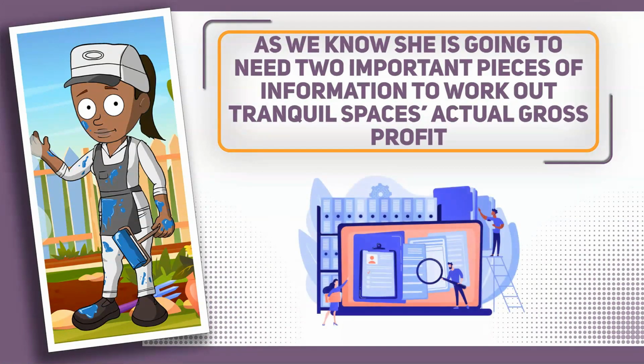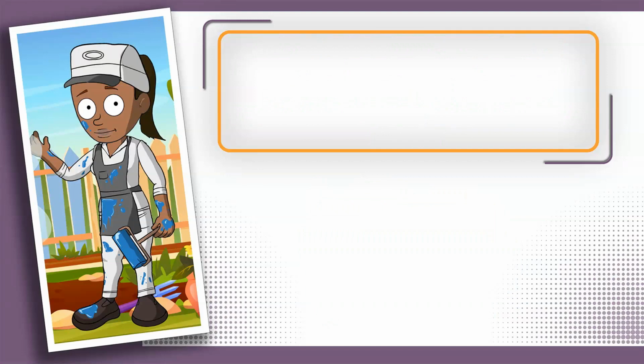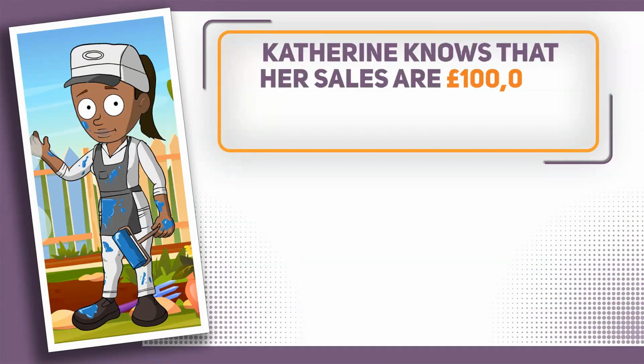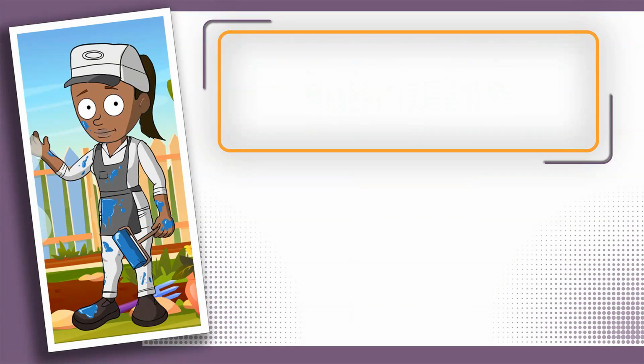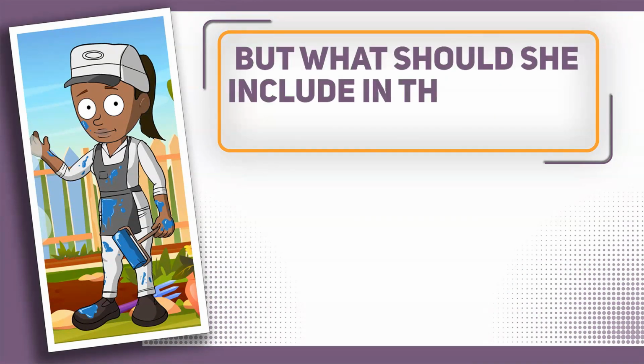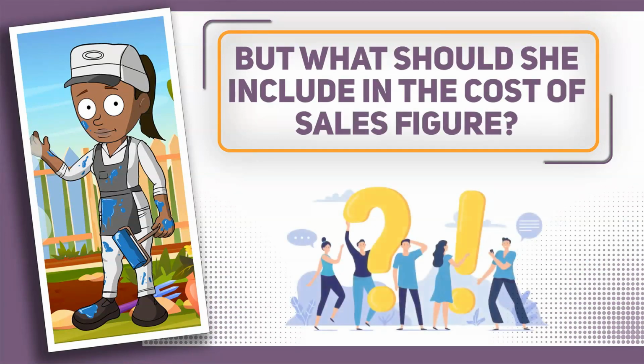You know, the amount of profit that she has after the cost of sales. Once we have those pieces of information, we will then be able to work out the gross profit margin percentage for Catherine. Now, Catherine knows that her sales are £100,000. This is her sales revenue figure. But what should she include in her cost of sales figure?